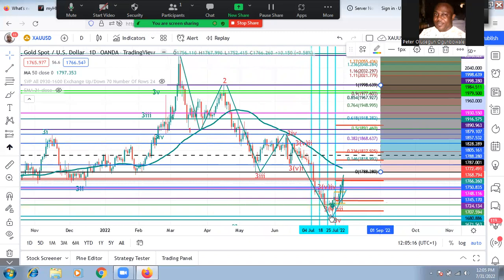If a 3 is not complete, then what could it be? It can't be a 2 of wave 3, because this correction is huge in the middle.